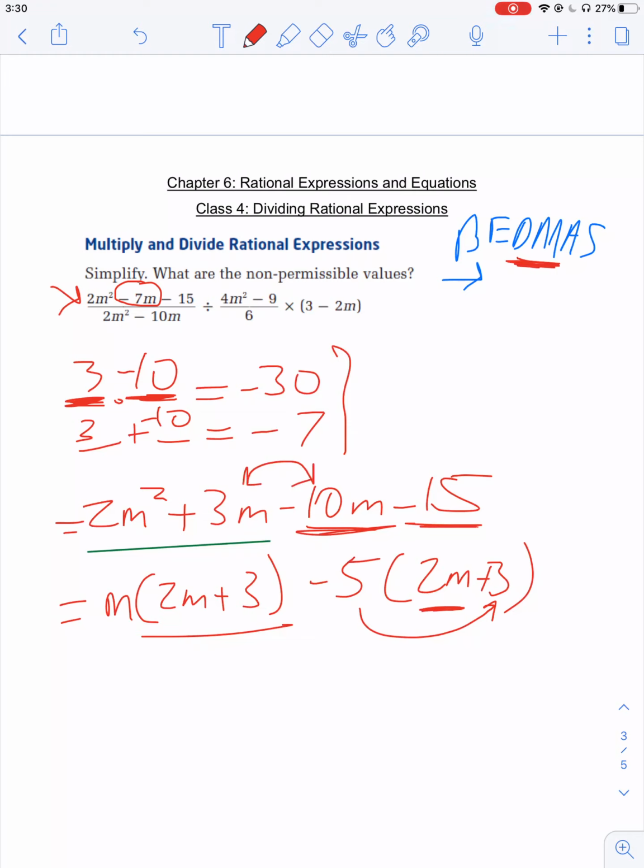Sometimes it might make more sense to put the minus 10m before the 3m. If you run into a problem, that will help solve it. That's a rare case. I honestly don't know why that happens, but sometimes you have to do that.